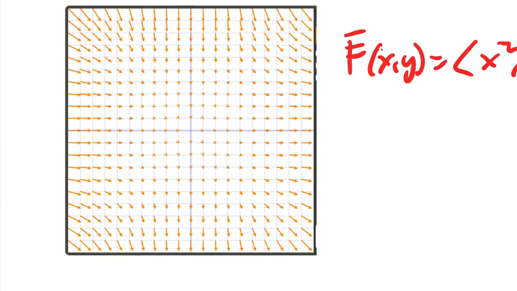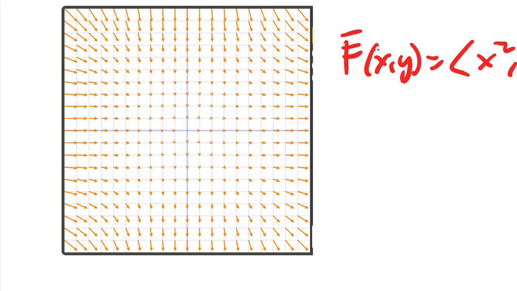And now, the divergence will be how much of a source a vector field is at a certain point. So if you look at this point here that I'm drawing, not much of a divergence from this point out this way, wherever it's pointing, but there's a lot of divergence up here.